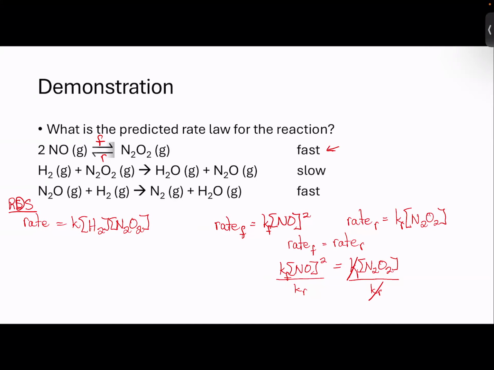On the left-hand side, these K's are simply going to be combined to form K times NO squared. That's equal to our N2O2. We now have something we can plug in for N2O2.